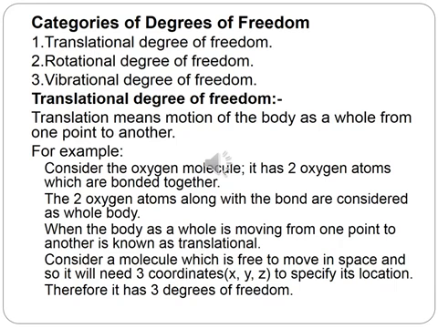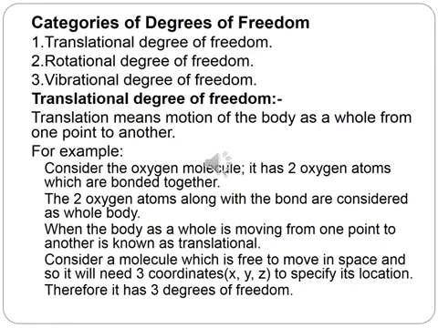When the body as a whole is moving from one point to another, it is in translational motion. Consider a molecule which is free to move in space, and so it will need three coordinates x, y and z to specify its location. Then it will have 3 translational degrees of freedom.